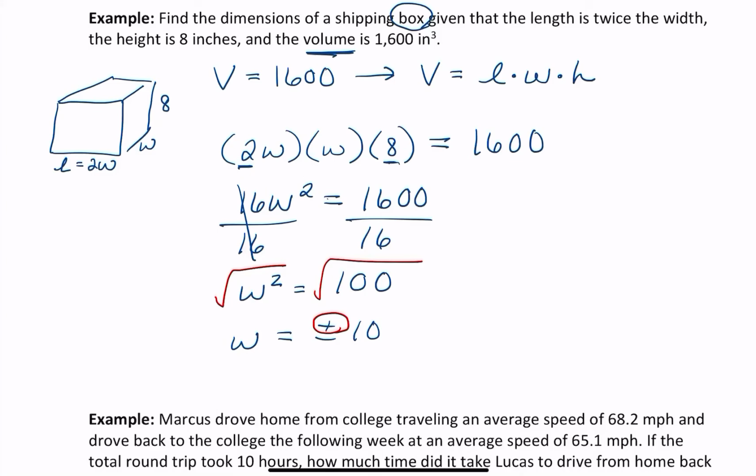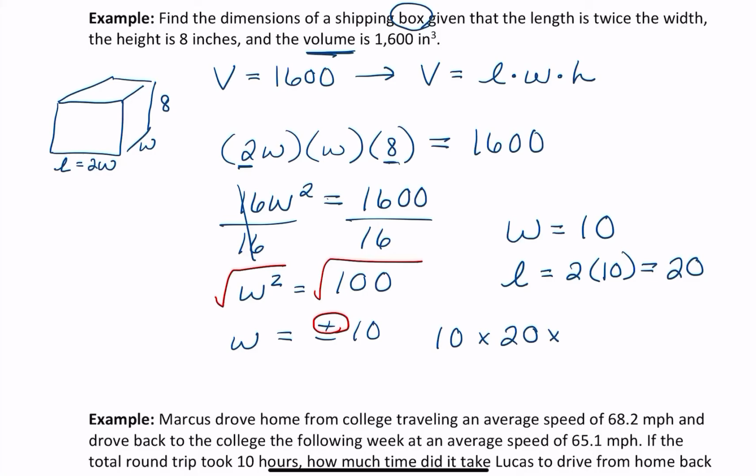So you're going to have W equals 10, and our length is 2 times the width, so that'll be 20. So the dimensions of our box are 10 by 20 by 8.